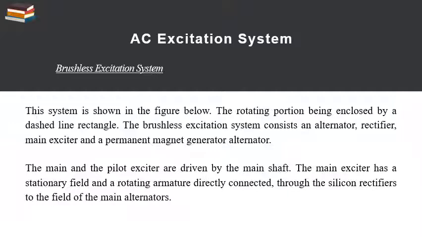The main and the pilot exciter are driven by main shaft. The main exciter has a stationary field and a rotating armature directly connected through the silicon rectifier to the field of the main alternator.